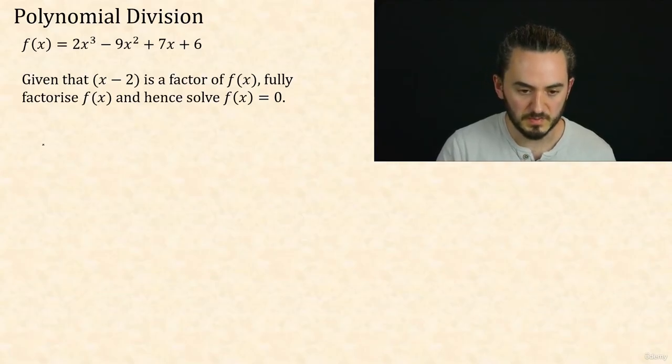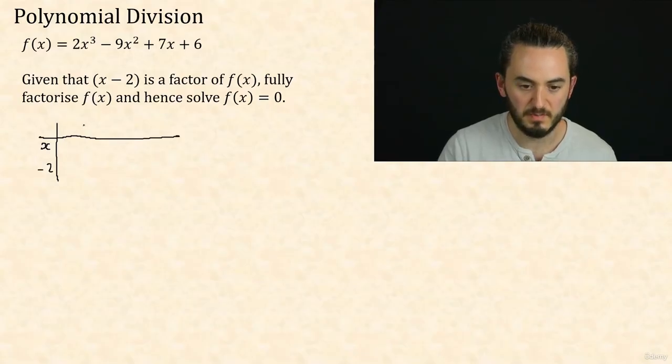So what we're going to do is create our grid. So here's x minus 2. And we want our cubic equation to start appearing in this grid, and we want our answer to start appearing on the top line.